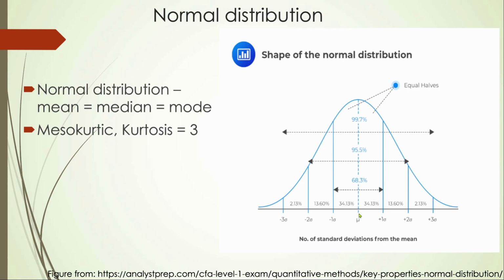If you state an average plus minus 1 standard deviation, that covers 68.3% of your data distribution. Whereas if you use an average plus minus 2 times standard deviation, you'll be covering 95.5% of your data. And if you use plus minus 3 times standard deviation, you are covering 99.7% of your data distribution.